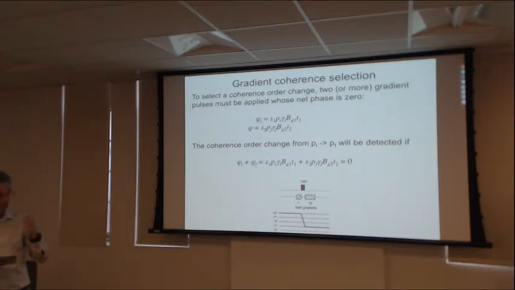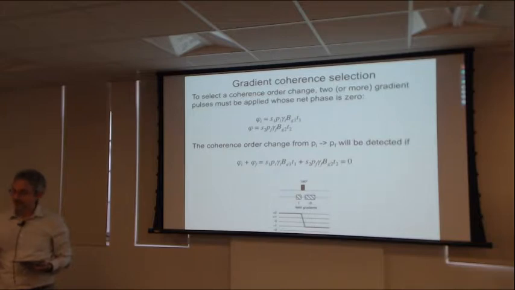And now the idea is, how do we use gradients for coherence selection? Well, when we apply the gradient pulse, wind up the magnetization, and now we have no net signal, that's not really a saturated system. In a saturated system, there would be no net signal because all the magnetization components were randomly pointing in different directions. Here we've twisted up the helix.